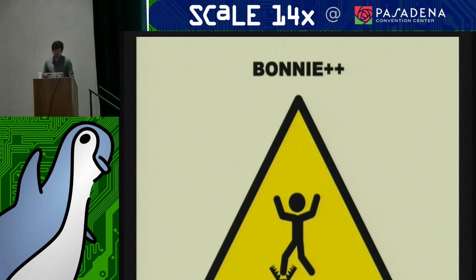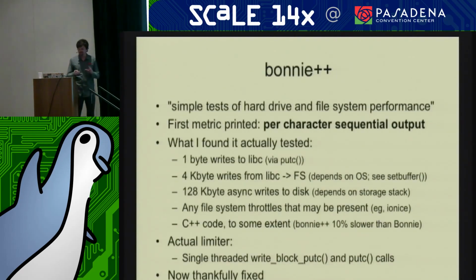To mention a few in particular, Bonnie++ is a popular hard disk benchmark, or the website says it does a simple test of hard drive and file system performance. I had to do an analysis of this once, and I began with the first metric, which was the per character sequential output.